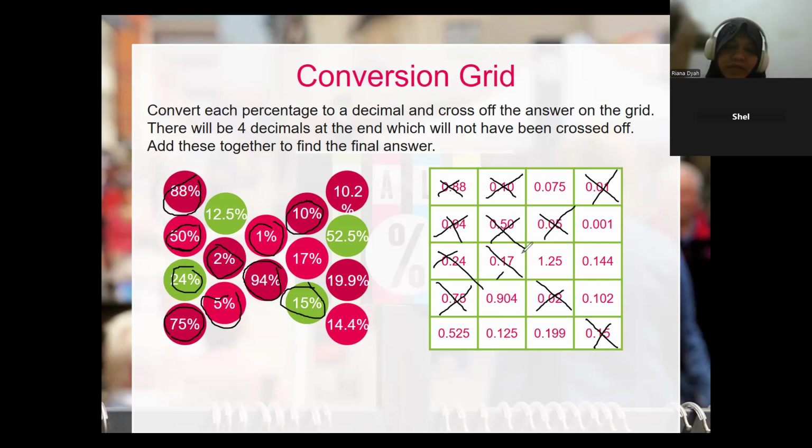And then what can I give you again? Maybe 14.4. What about 14.4? 0.144.